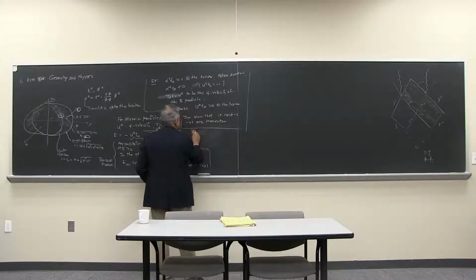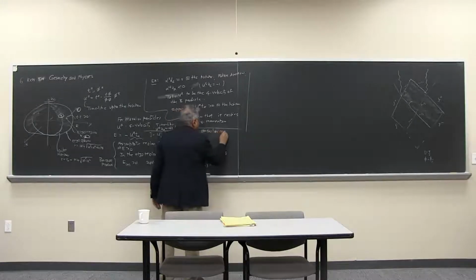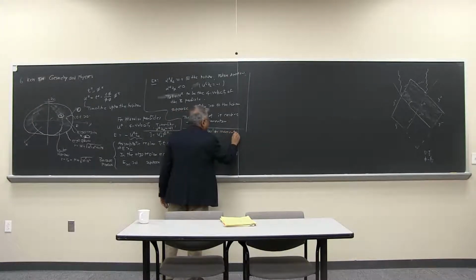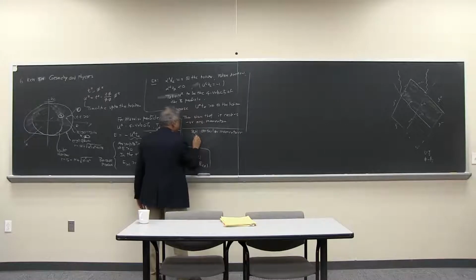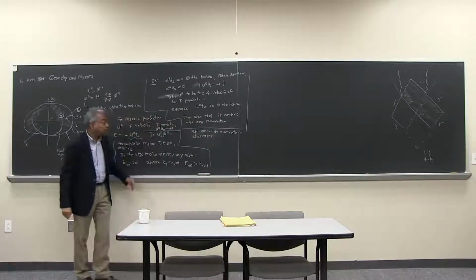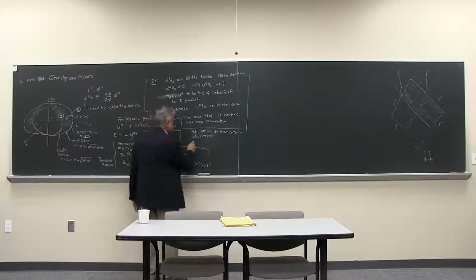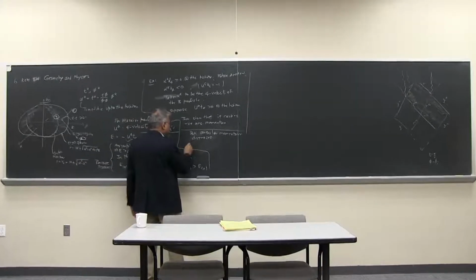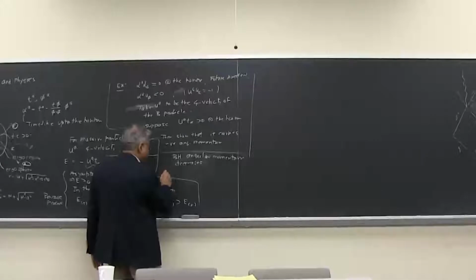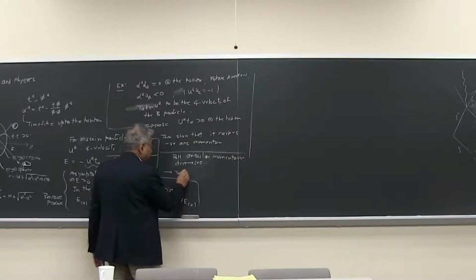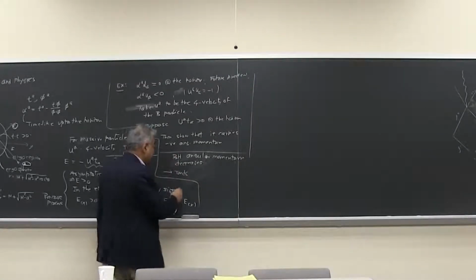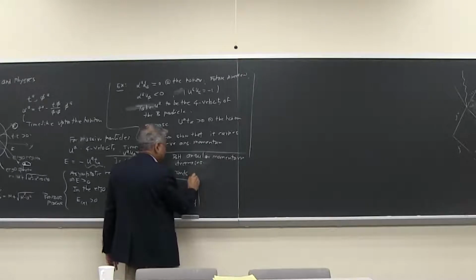The black hole slows down, the black hole's angular momentum decreases. And as the angular momentum decreases, the process can continue in principle until you get to a Schwarzschild black hole.